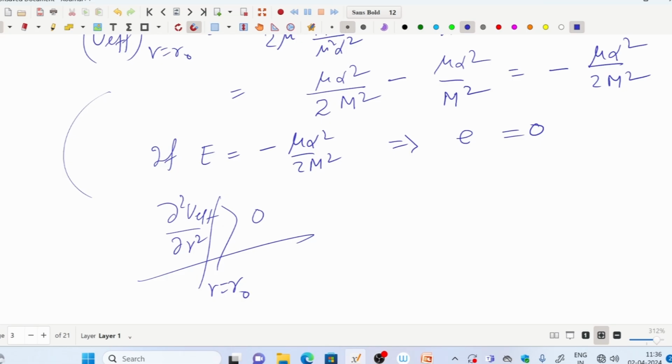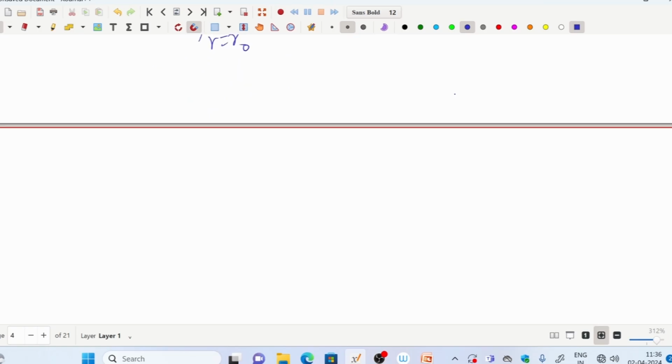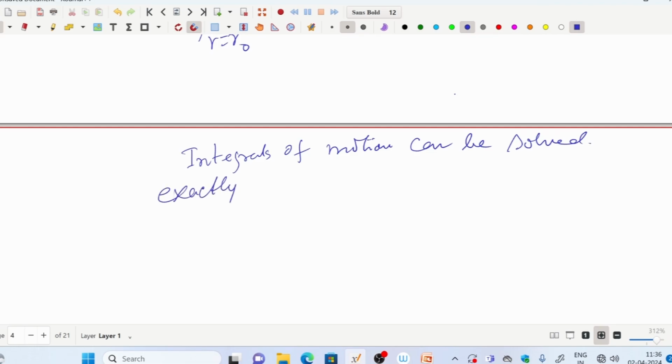Okay. So, the summary of this part is that we can solve Kepler's problem, we can find an analytic solution of the integrals of motion. The integrals of motion can be solved exactly for Kepler's problem, which is very important because this describes the Earth's motion around the sun.